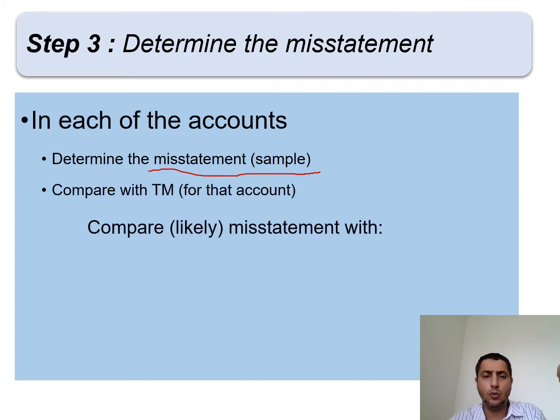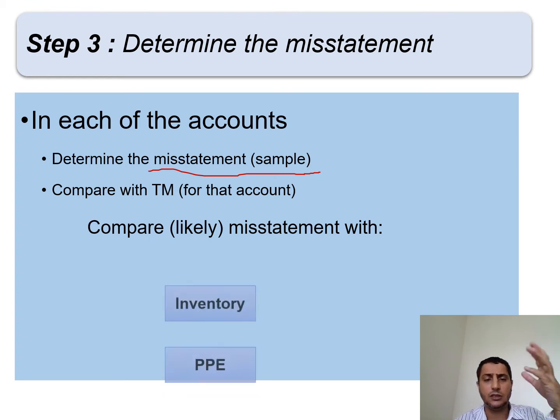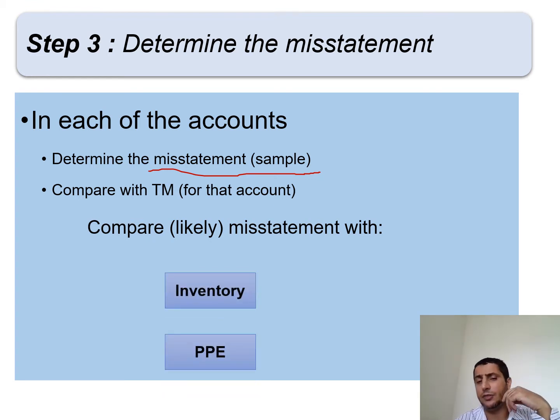So we need to compare what we found, or the identified misstatement, within each account. We compare it with the tolerable misstatement for that account. So let's compare using the example that we have just now.